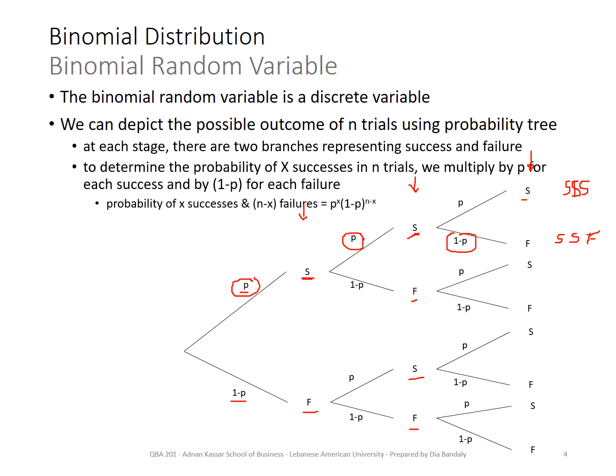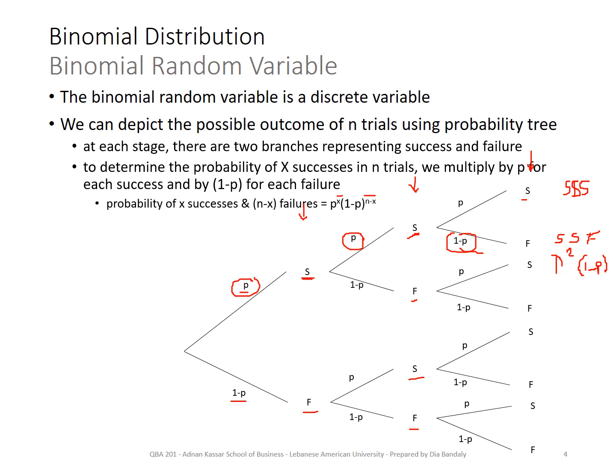Now, you can see in this case, I'm multiplying p twice, so this is p to the power 2, and then I have 1 minus p, which means it is to the power 1. That satisfies this general notation that we have here, because I was considering the case when x is 2.